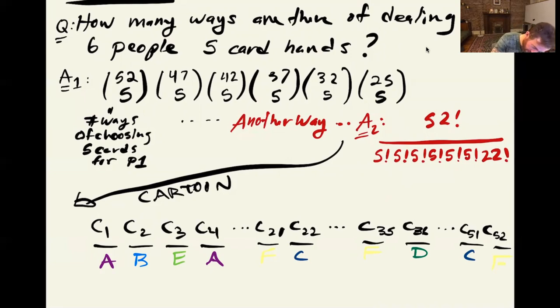So we've got 22 F's. Again, really hard to see, but I've got 5 A's, 5 B's, 5 C's, 5 D's.